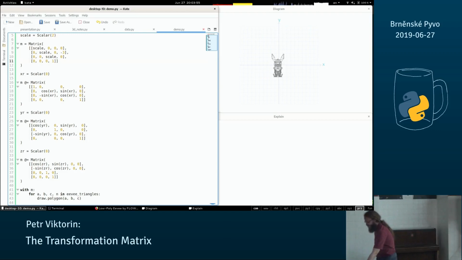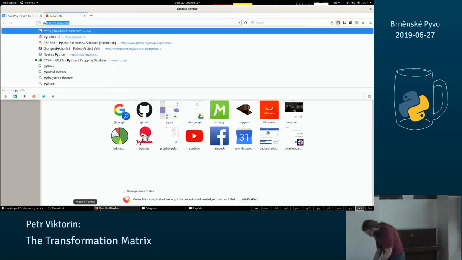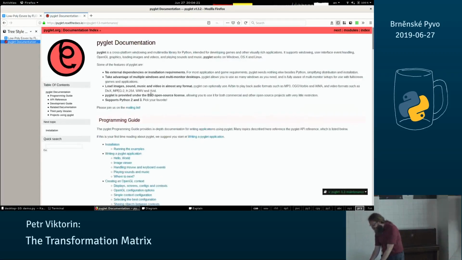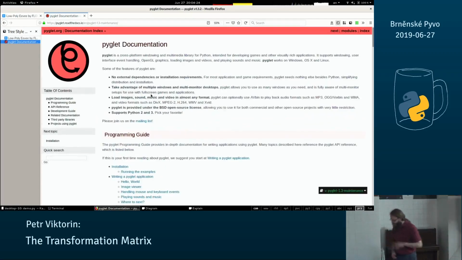I have some questions. What are you using for the visualization, especially in the explain window? Is it some visualization library? The visualization library is called Pyglet. It basically lets you do graphics and wraps OpenGL.